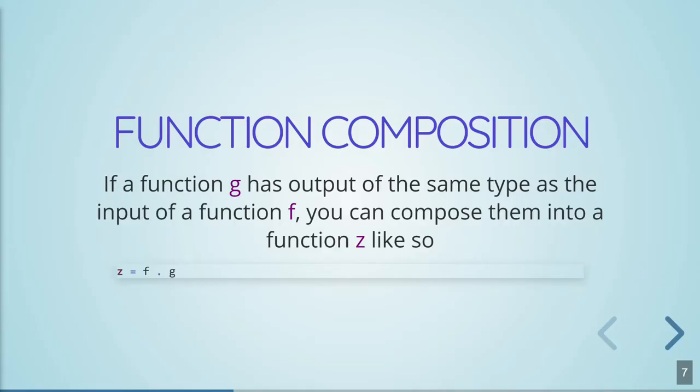If you have a function g that outputs the same type as the input of a function f, you can compose them into a new function z, like so. So the trick is to use this dot operator. So the trick is f will have the same input type as the output type of g.